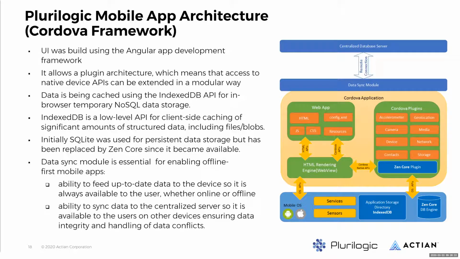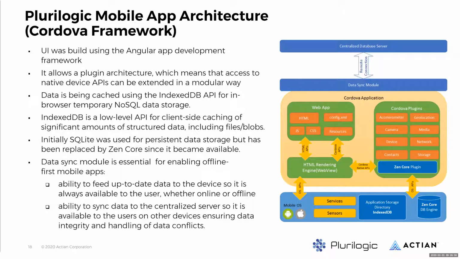But we also needed some sort of persistent storage, and that's where we started looking at other solutions, and we worked with SQLite initially, which is a competitor of XenCore. But eventually, when XenCore was available in production, we are now fully XenCore, which is also the main engine behind our data sync module.